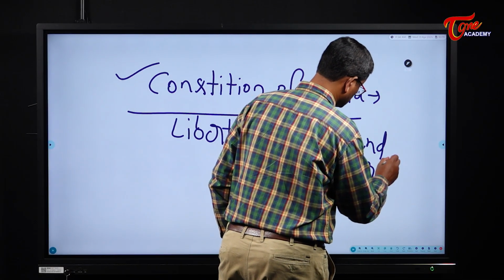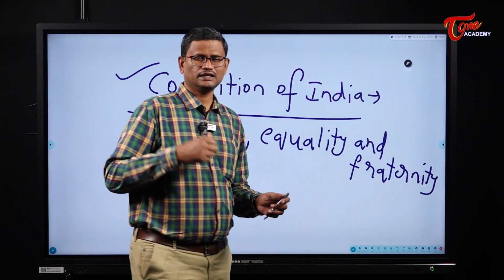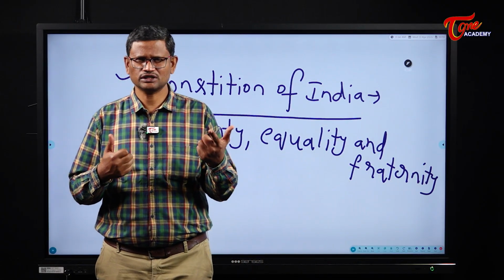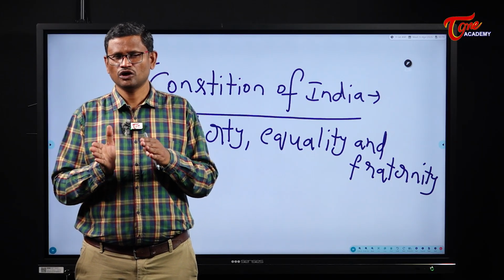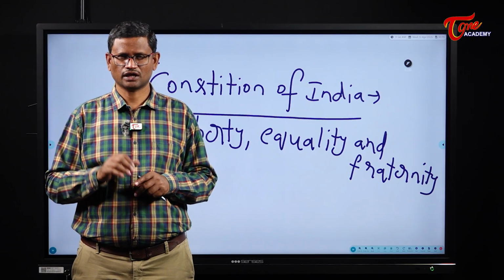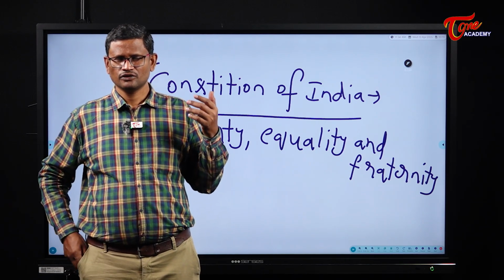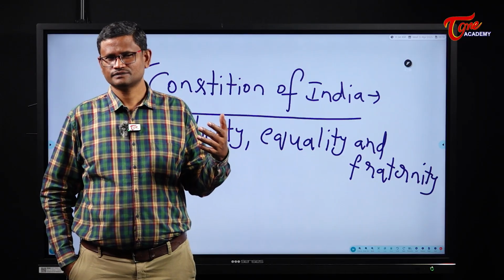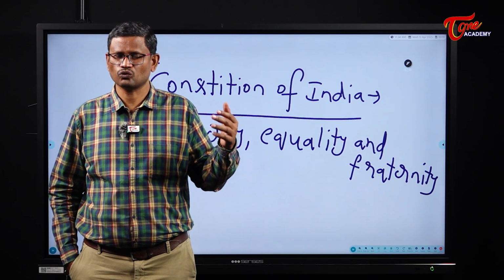Fraternity. So Dr. B.R. Ambedkar says liberty, equality and fraternity, all these three are important. They cannot be separated one from the other. They are all part of a trinity. He says that without equality, liberty will result in supremacy of the few over the many.